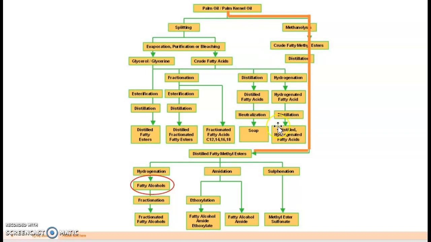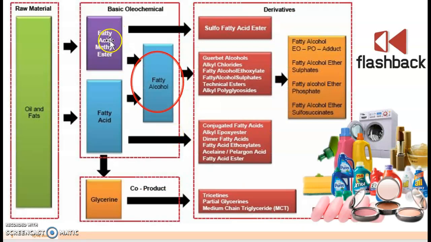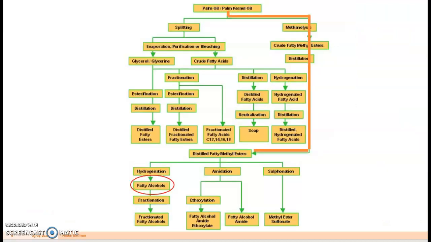Here it doesn't show the direction from the fatty acid, but we have two directions for fatty alcohol. As you can remember, it is from fatty ester and also fatty acids.